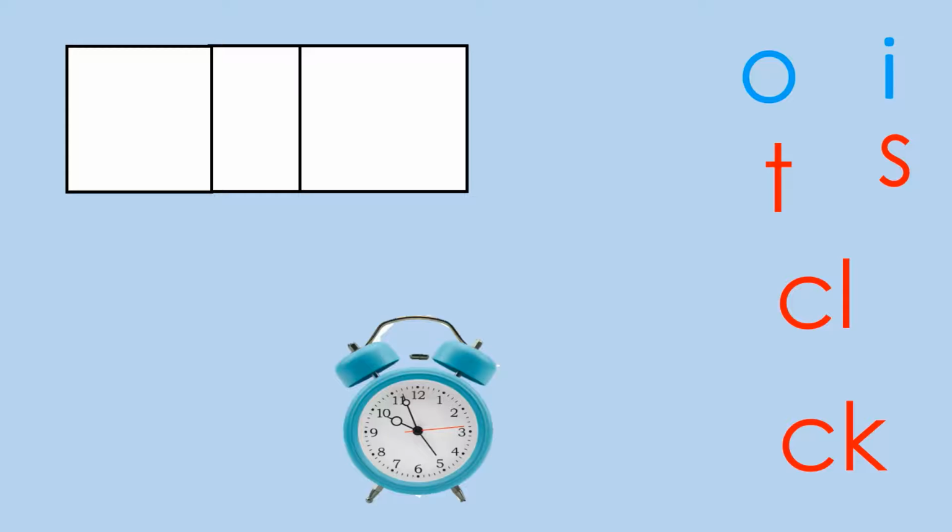Now here we are going to use blend kl and digraph ck, and we're going to build a word. Now we are going to build the word clock. K, k, a, k, a, k.